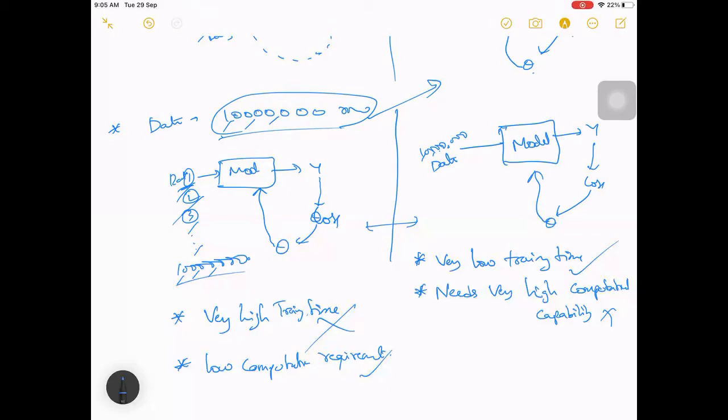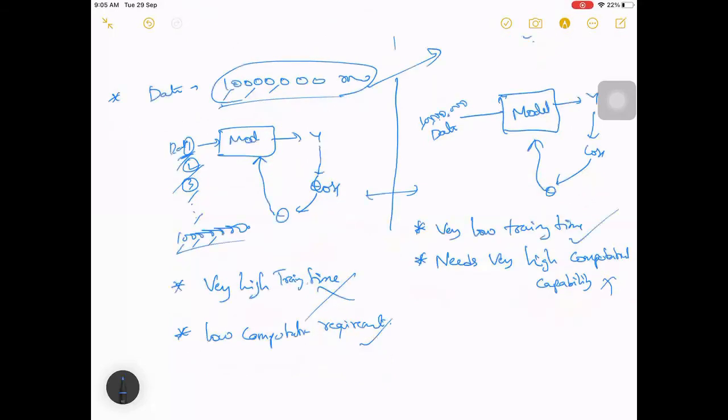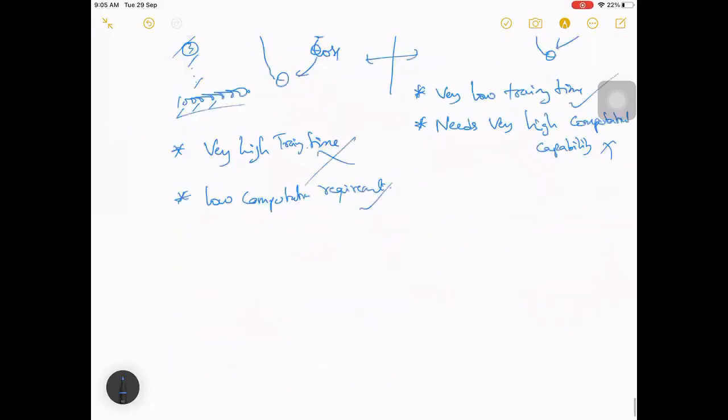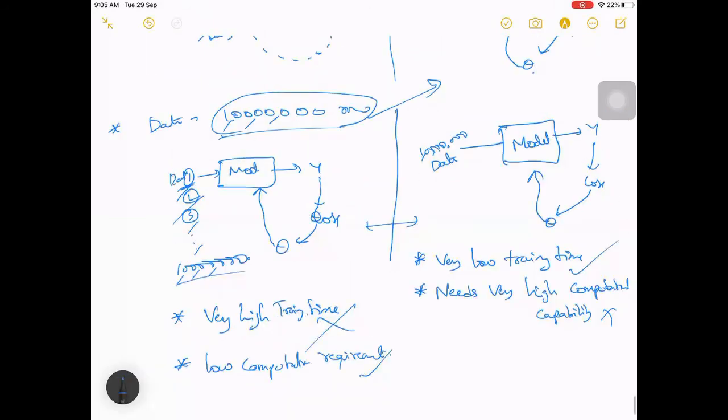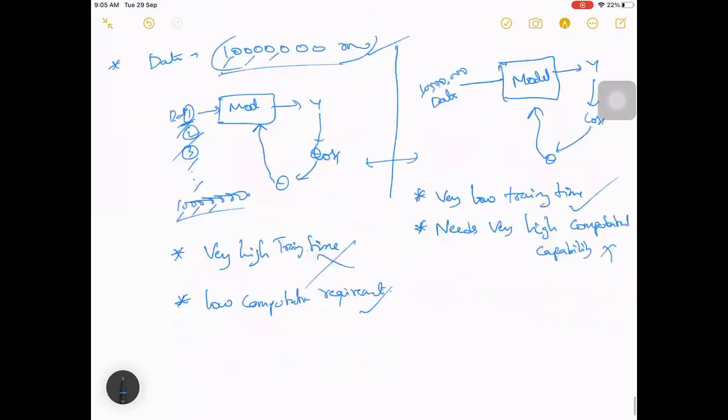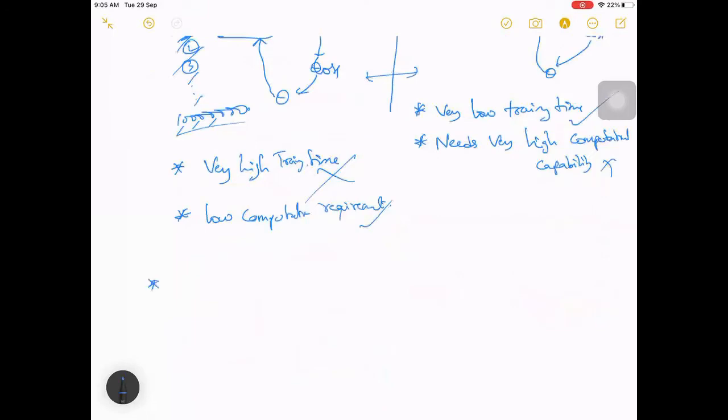So instead of sending like this, we can take the best of these two. If we send all, the computational power is not sufficient. If we send one, training time is high. So we take the best of both worlds, where we send the data in batches.